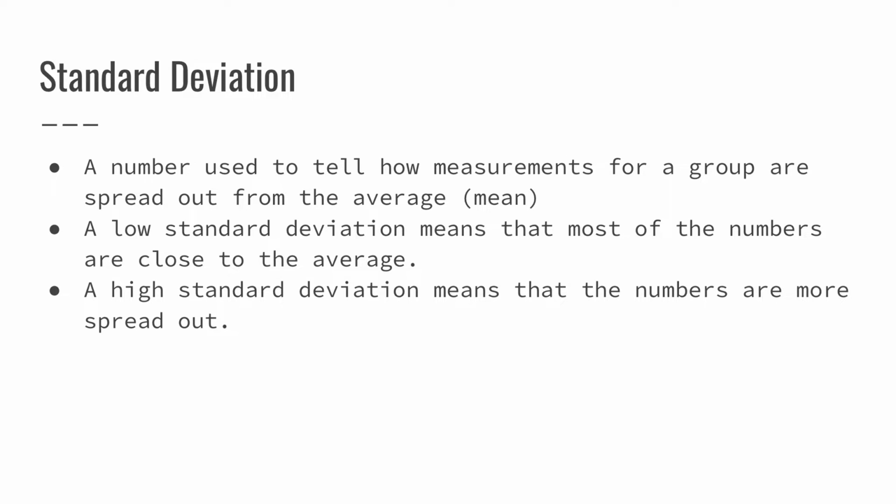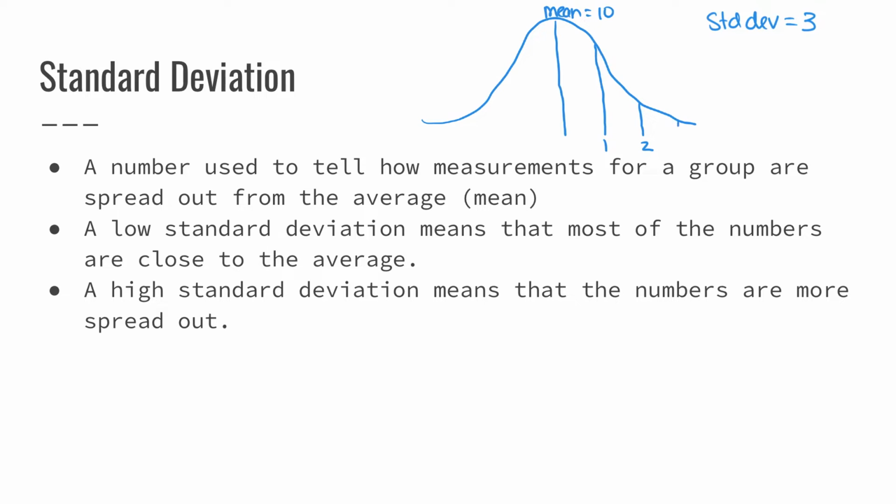What you're going to see is this normal curve where it gives you a mean value. Let's say the mean is equal to 10, and the standard deviation is equal to, let's say, 3. That means that from the mean, we have these standard deviations: this would be 1 standard deviation, this would be 2, this would be 3.